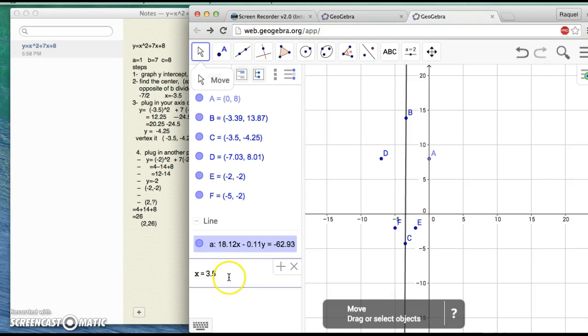I think I didn't finish typing it correctly. Y equals x squared. Try one more time. Y equals x squared, plus, I don't want the plus up there, I want it down here, plus 7x plus 8. Okay, let's see if it graphs it.